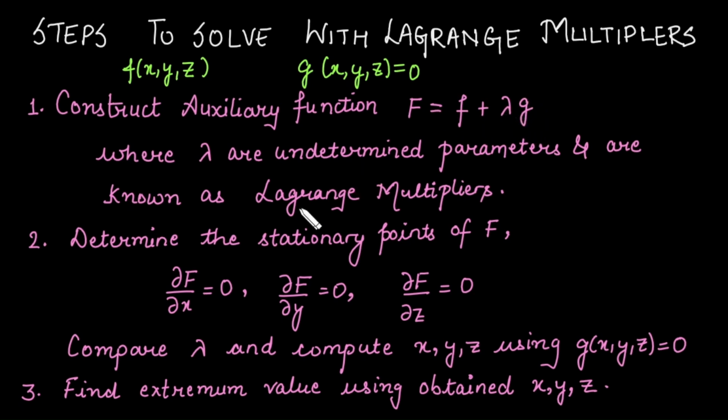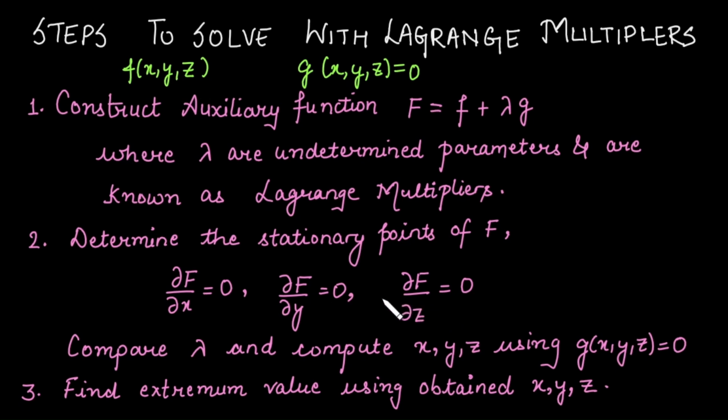Here lambda is known as the Lagrange multiplier and it is an undetermined parameter. Then we will find its critical point, meaning a stationary point, by taking the derivative of the function with respect to each variable, and that derivative is basically a partial derivative. It means we need to take the partial derivative of the function with respect to x, y and z, and put each equal to 0 in order to find the critical point.